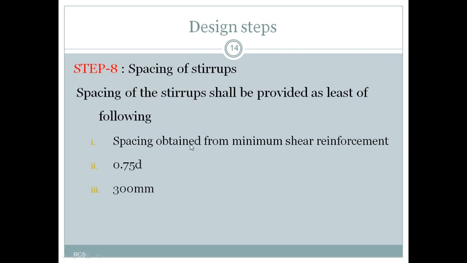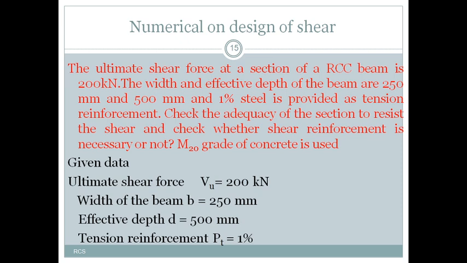The second condition will be 0.75 into effective depth, and the third condition is 300 mm. We will provide the minimum of these three values as the spacing of stirrups. So this is all about your design steps. Based on these design steps, now we will solve some numerical problems on design of shear reinforcement.